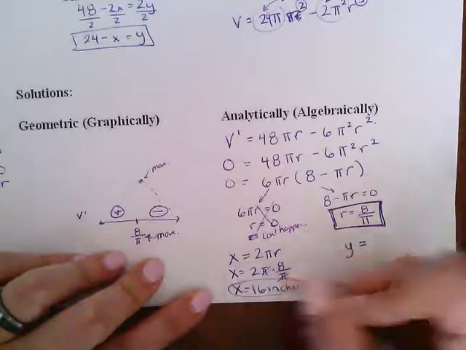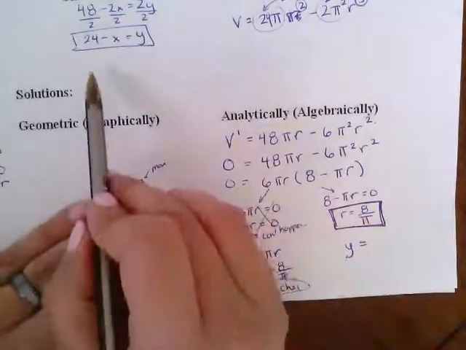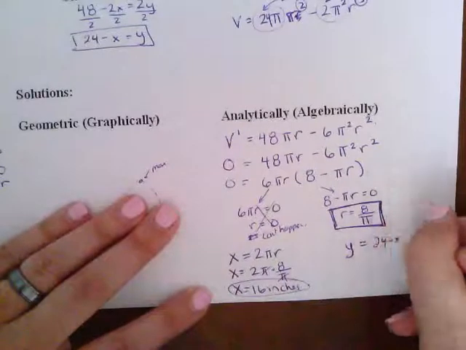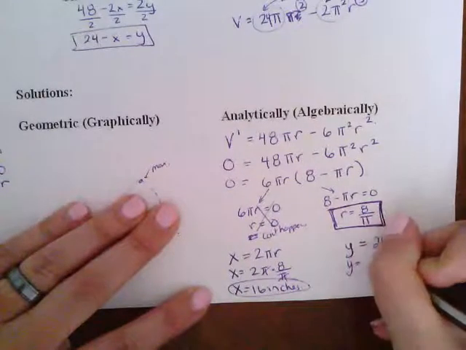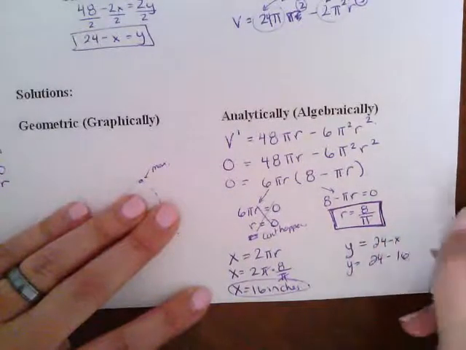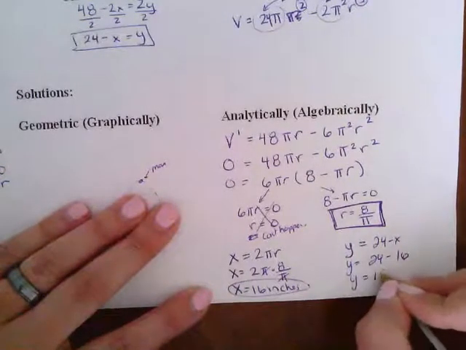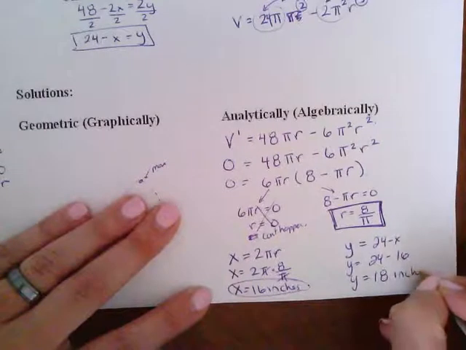And now that I know my x, I have an equation that solves for y. So y is 24 minus x. So y is 24 minus 16. So we get y equals 8 inches.